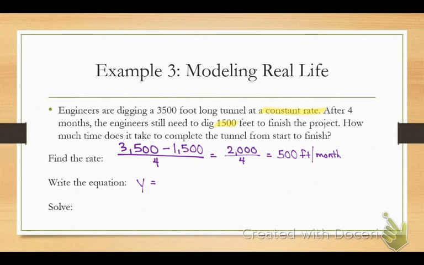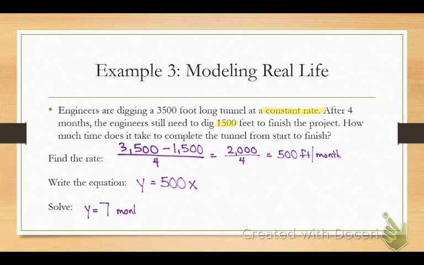In this case, it would be feet, equals 500, that's my rate, times x, which is my months. So 500 times how many months would get me my final distance? Y equals what, Mason? 7 months.